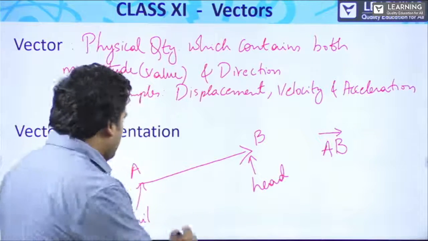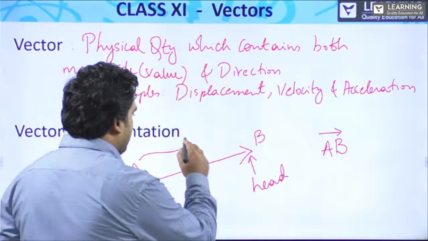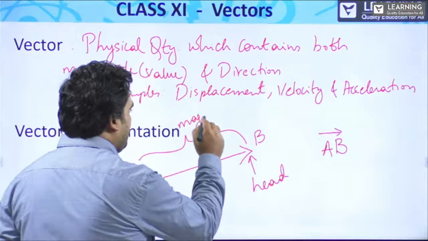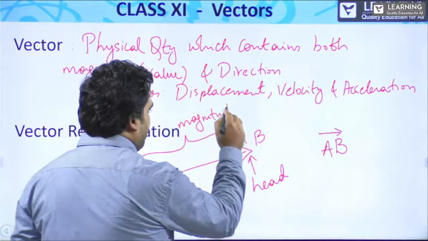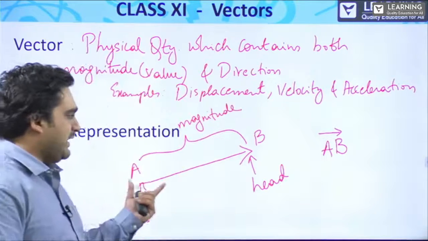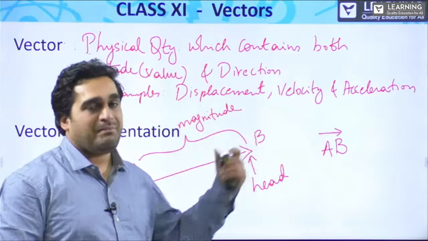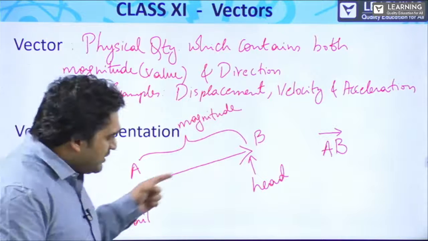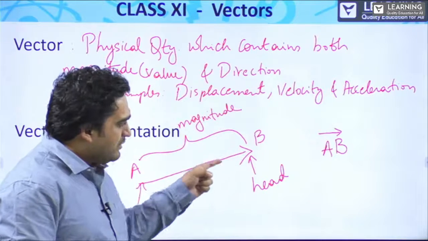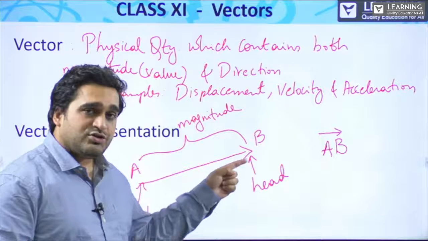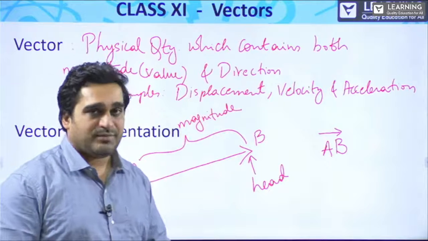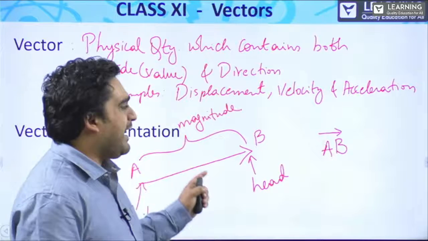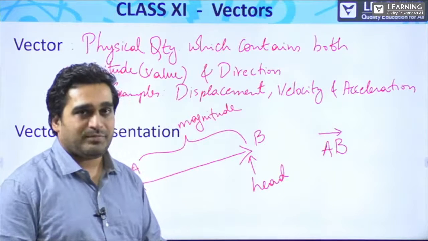Once you can find the length of the arrow, it tells you the magnitude of the vector. The direction that the arrow is pointing at shows you in which direction. So this is one way how you can identify the magnitude and direction of the vector.